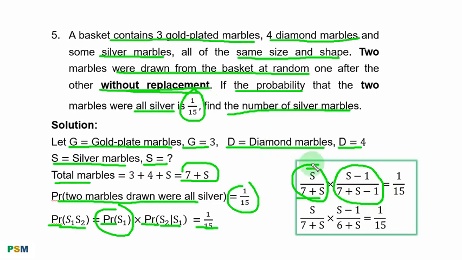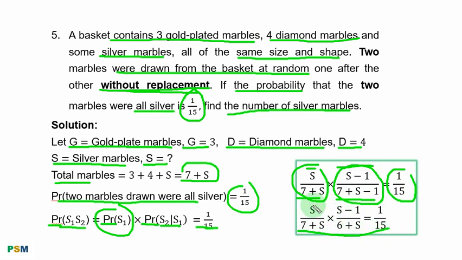That is, you have to subtract 1 from S to get the number of silvers for the second draw. You also subtract 1 from the total, and the result is equal to 1/15. When you simplify further, you have this result.